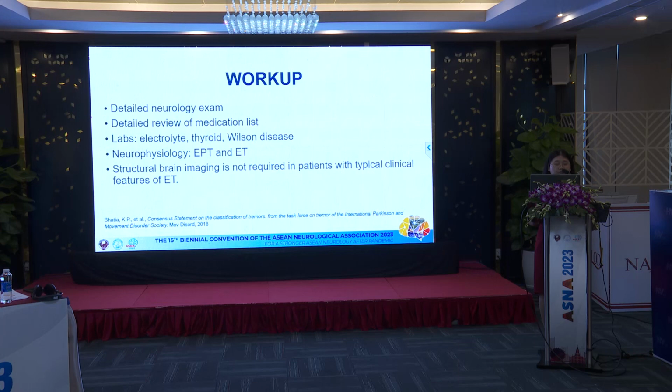Wilson disease should be excluded in anyone under age 40. Neurophysiological analysis can confirm central neurologic oscillation of ET and contrast it with the mechanical reflex oscillation in enhanced physiologic tremor. Structural brain imaging is not required in patients with typical clinical features of essential tremor.